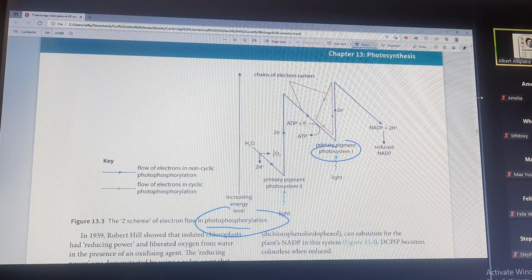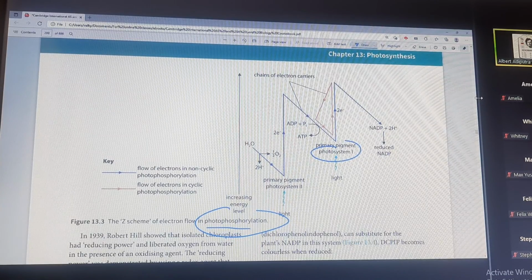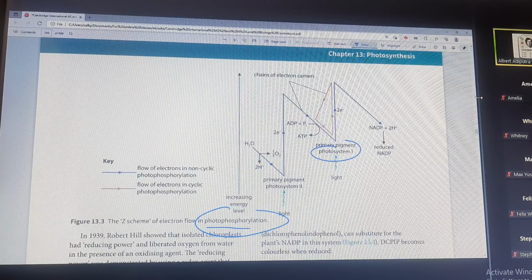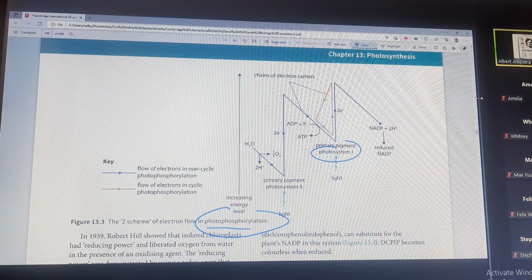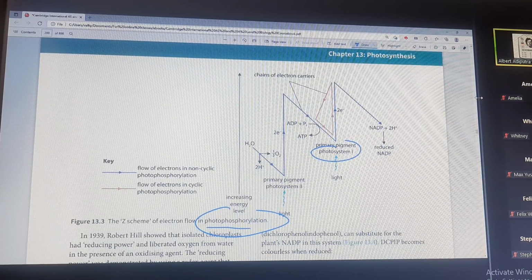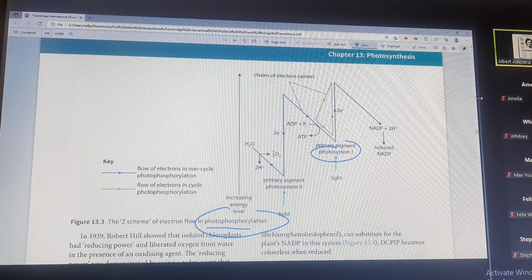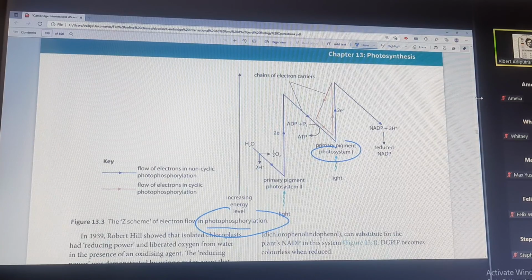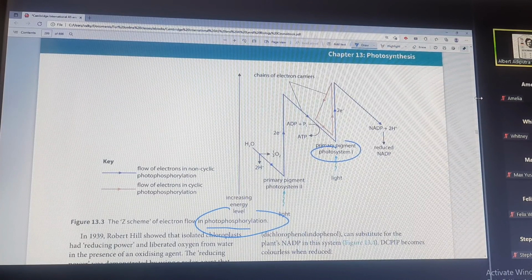Now, in photosystem 1, as what happens in the non-cyclic photophosphorylation, the photons arrive at the photosystem, and then the accessory pigments would capture the energy from the photon, and then their electrons are excited, and then the energy from their excited electrons are then transferred onto the neighboring pigment molecules, causing a chain reaction until the energy reaches the reaction center.